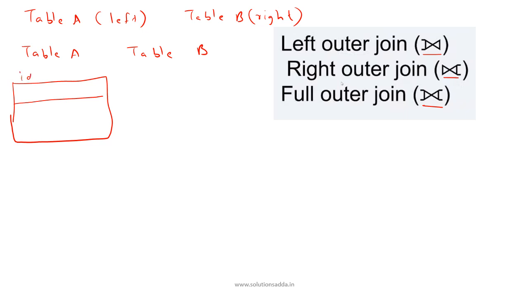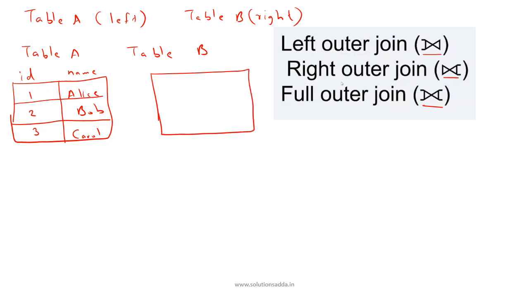One is ID and the other column is name, and it has three rows: 1, 2, 3 be the IDs, and names will be Alice, Bob, Carol. There is another table, table B. It is also having two columns, one is ID and another one is age, and the IDs are 2, 3, and 4, and the ages are 30, 25, and 40.